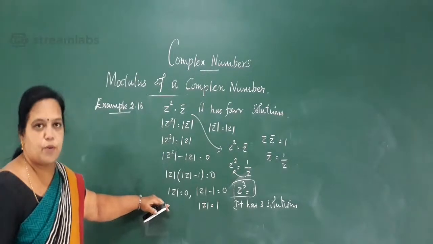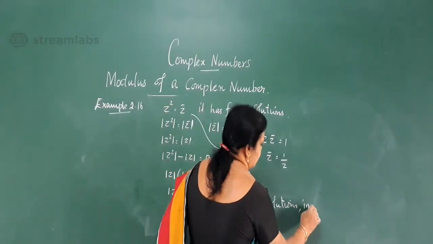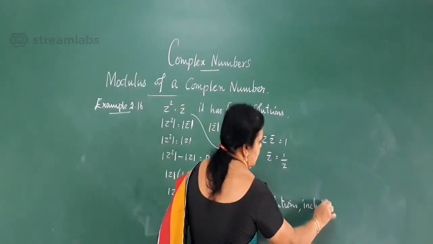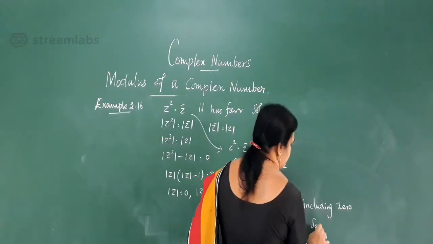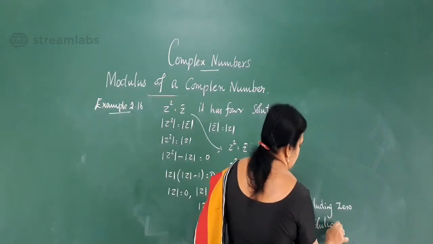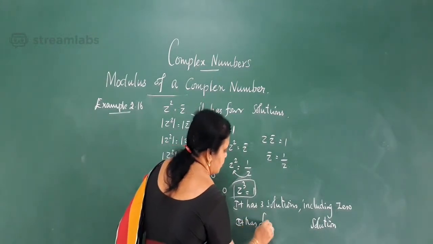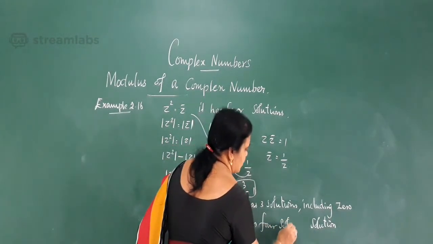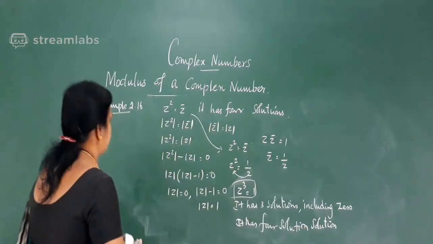But already we found mod z equal to 0, including this 0 solution, it has 4 solutions.